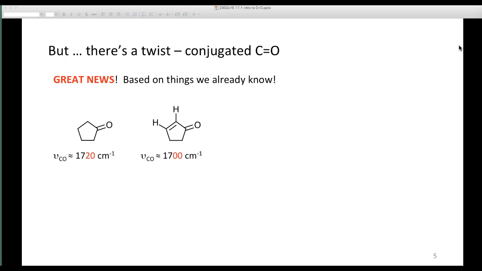But then, what's up with a conjugated CO? The stretch is a little bit lower, around 1700. Why? Because it's conjugated. And there's this resonance contributor that we can draw as such, and it gives us the single bond character, hence the stretching vibration, weaker, a little bit lower wave number.